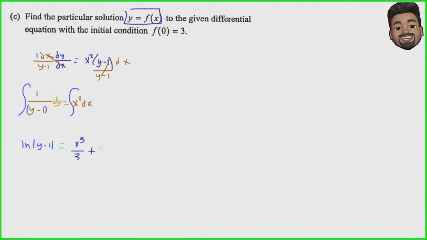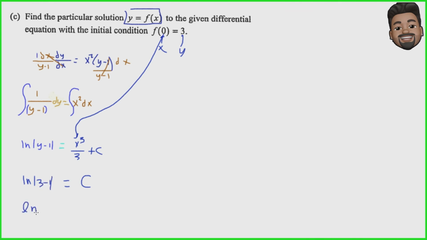Okay, let's go ahead and put 0 in for the x value, and let's put 3 for the y value. So the 0 is going to go into the x, which is really nice because 0 to the third power is 0, everything cancels out, and we're going to get 0. So this is c, and let's plug in the 3. We're going to get ln absolute value of 3 minus 1.